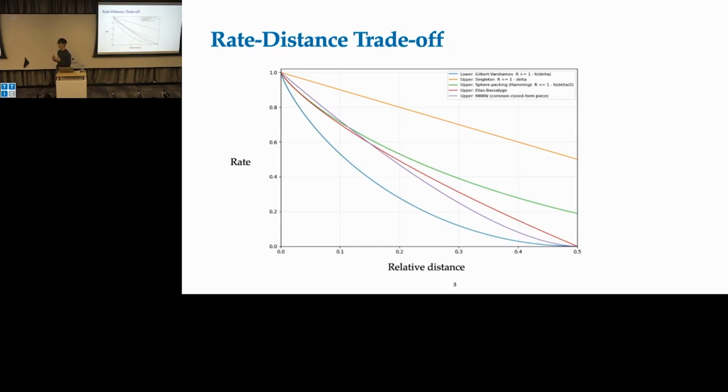It's a simple exercise to show that for binary codes, if the distance is larger than half, then we must have vanishing rate. So that's why we focus only on the case when the distance is smaller than half. In this talk, I will be focusing on the large distance regime. This regime just means the distance is (1 - epsilon)/2 for some small epsilon.